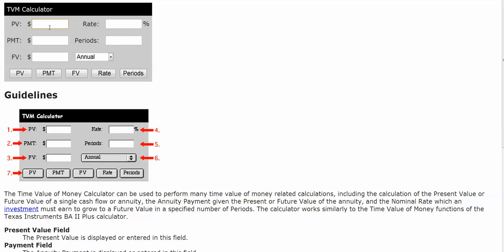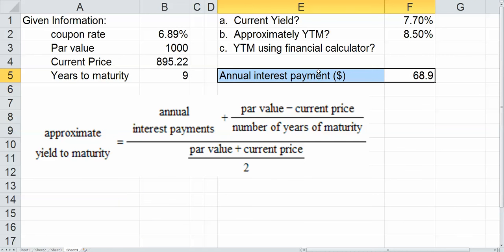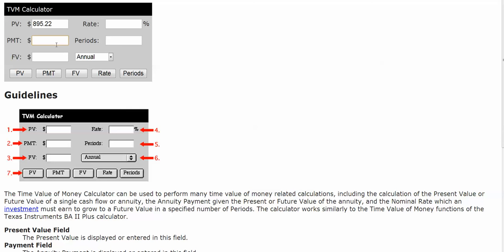We input as the present value the current price of $895.22. The payment is actually your dollar annual interest payment, which we calculated in Excel as 68.9. So input your payment as 68.9.